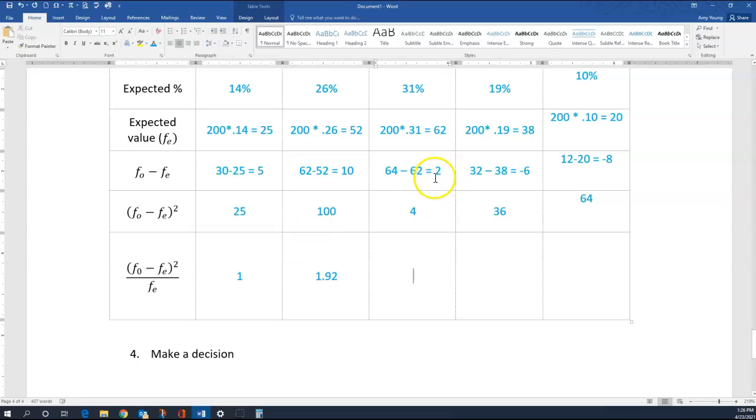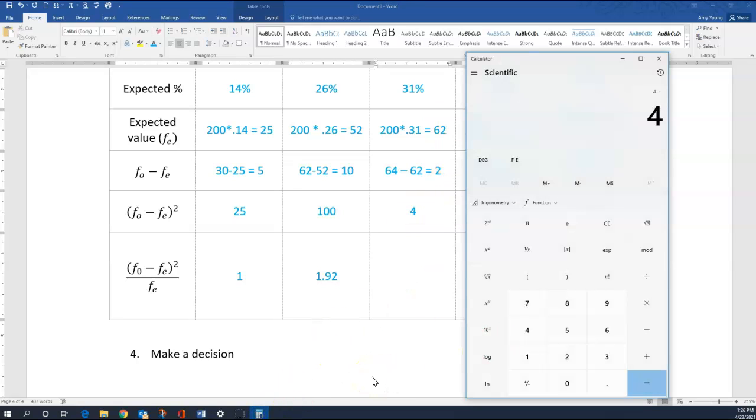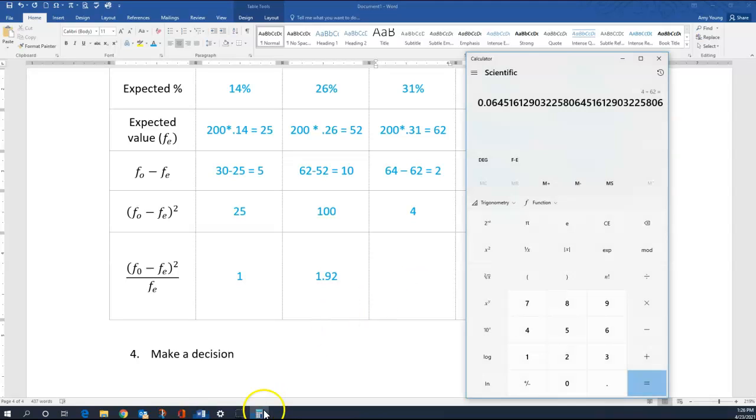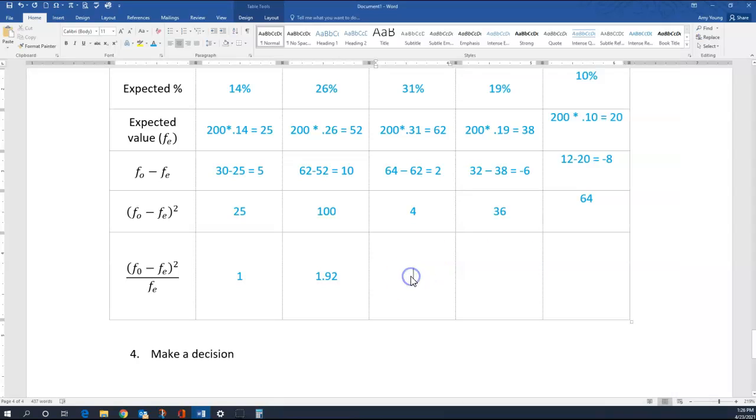And we're going to do the same thing here. We've got our expected value of 62, so we're going to do 4 divided by 62. It's going to be a pretty small number here. It's 0.067. So, no, go back real quick. No, just 0.06. So 0.06.